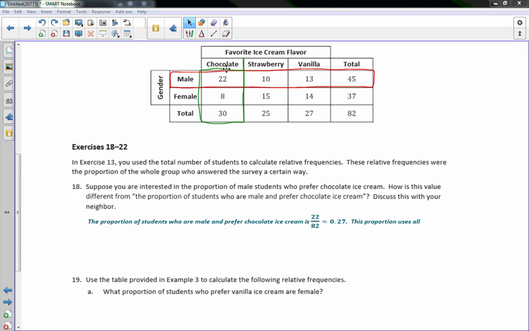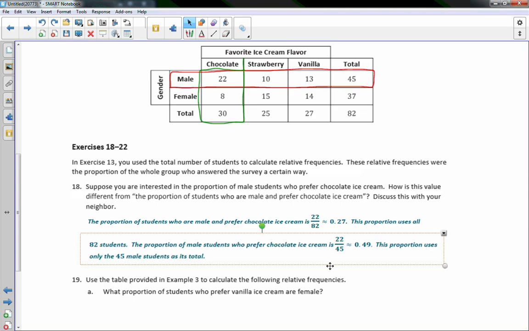So you're saying male and chocolate out of the total. This proportion uses all 82 students. The proportion of male students who prefer chocolate ice cream is 22 out of 45. This proportion uses only 45 male students as its total.